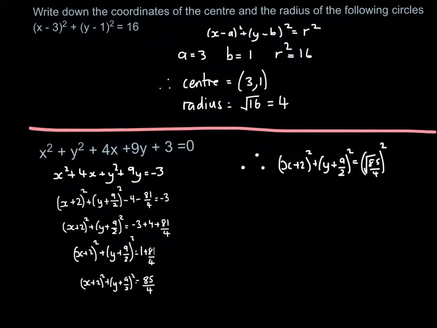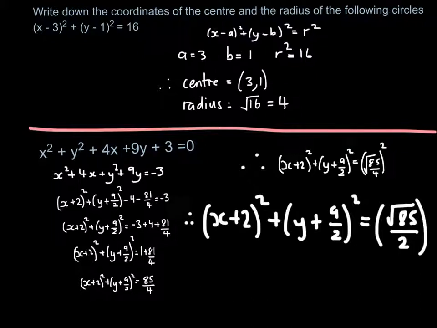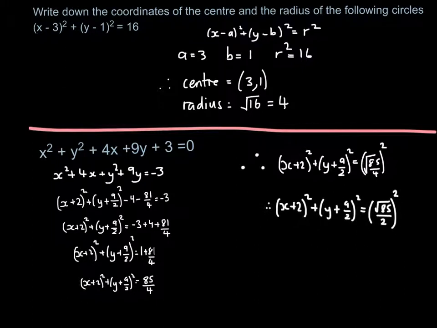And again, we can tidy that up, because with the fraction on the right hand side, we can't work out the square root of 85, but we can work out the square root of 4. So if we simplify that down, that's going to be root 85 over 2, square root of 4 is 2, all squared. And then in that bracket, that is my radius, so I haven't got anything to do.